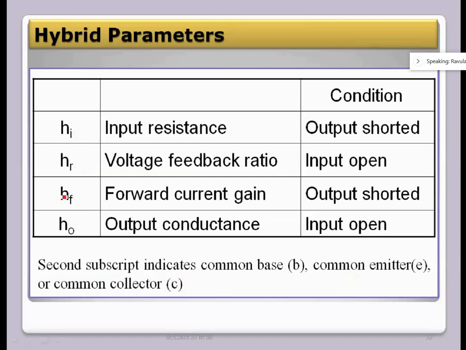Or else I can substitute HIB: common base input resistance, common base reverse voltage gain, common base forward current gain, common base output admittance. If I substitute the second subscript, then the hybrid parameters can be defined for all the CB, CE and CC configurations.